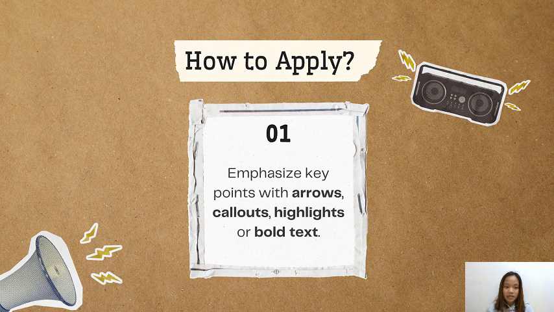For example, in the signaling principle, you can use arrows, you can highlight, you can make the text bold in order for your audience to think that, oh, there's emphasis in here that must be really very important. So that's signaling, although it also has a lot of other ways to present how the signaling principle works.